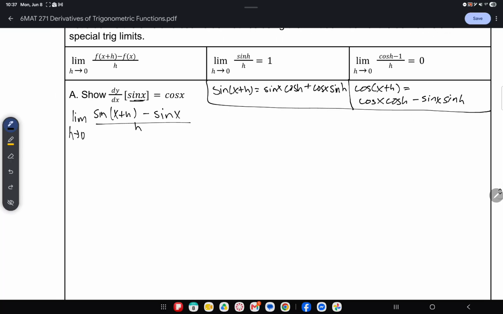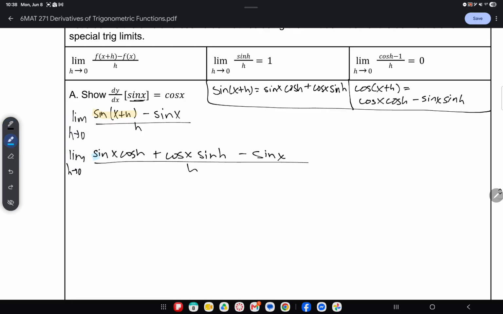All right. So I can do that substitution, right? So I have the limit as h goes to 0 of sine of x cosine of h plus cosine x sine of h minus sine of x all over h. All right, I'm going to group some things together.